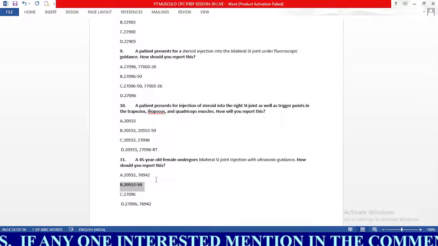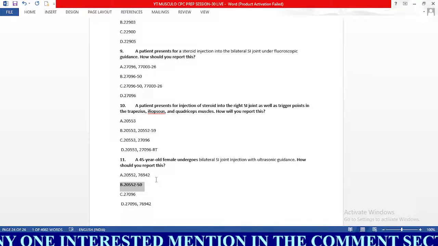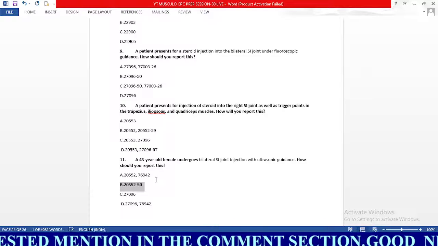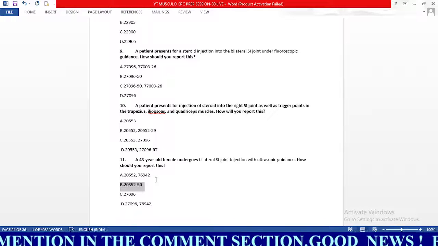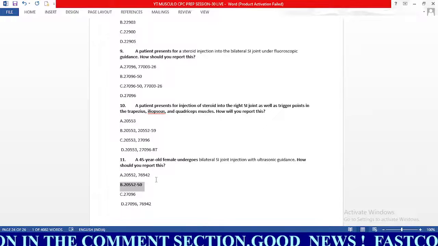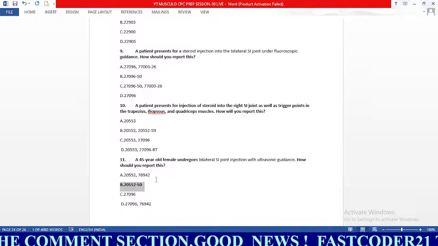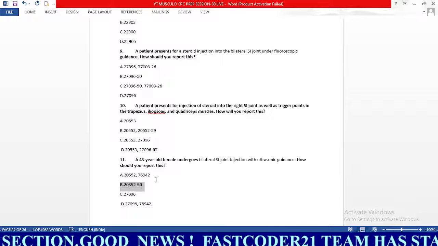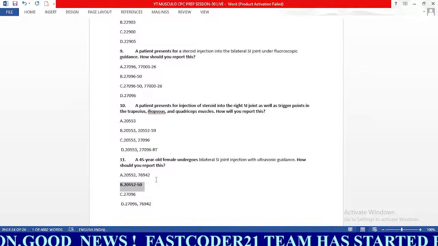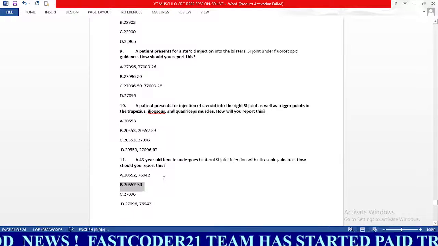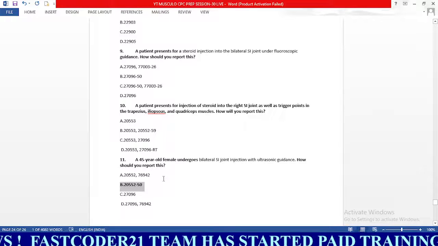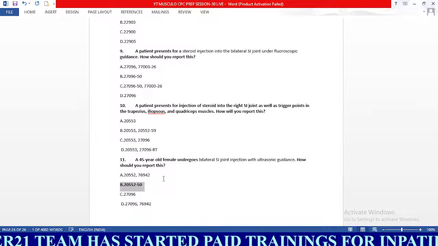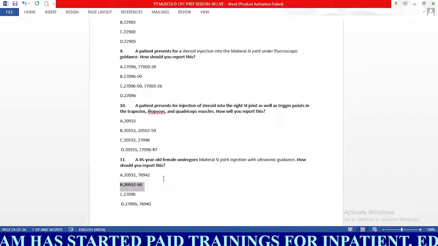If you open 27096, we have one parenthetical guideline stating that if CT or fluoroscopy imaging is not performed, use 20552. So we need to use this one. So based on our guideline, the answer is B, 20552 and 50 modifier.